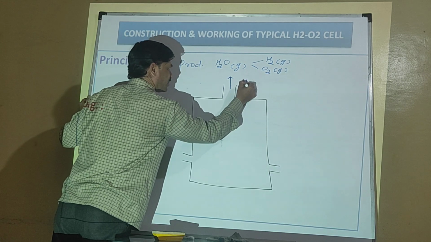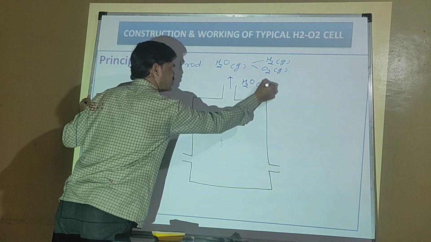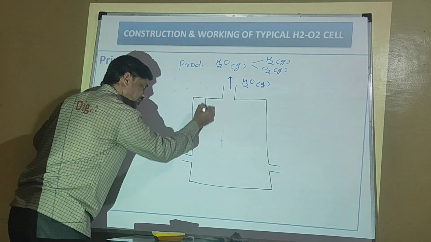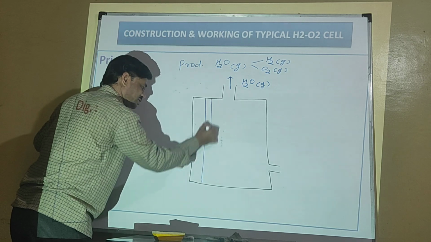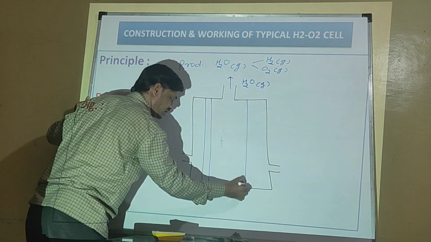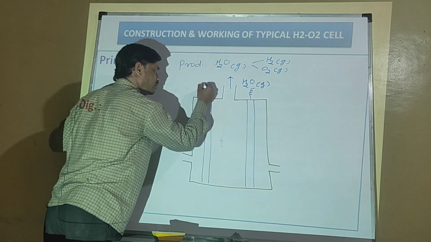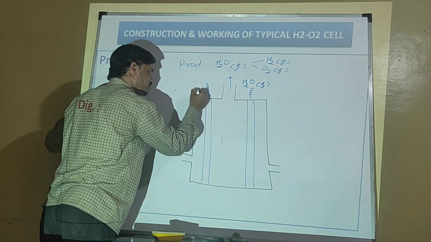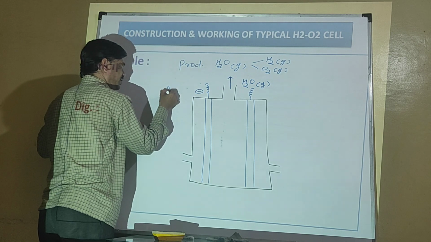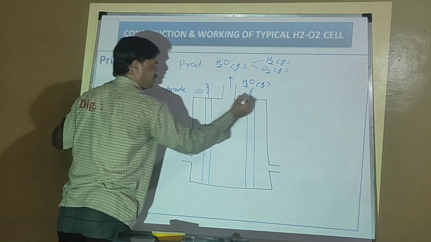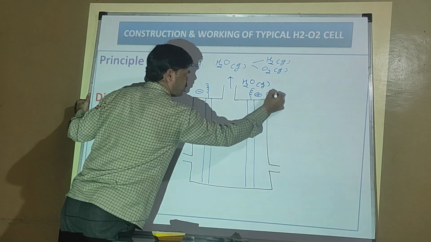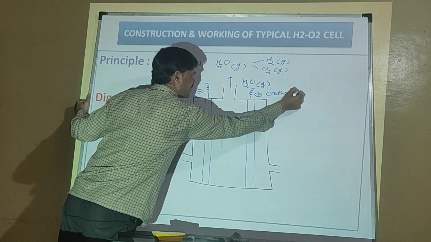This is the outlet for H2O gaseous, that is water vapor. Check these porous electrodes, anode and cathode. This is the negative electrode, what negative is called as anode. This is the positive electrode, what positive electrode is known as cathode.